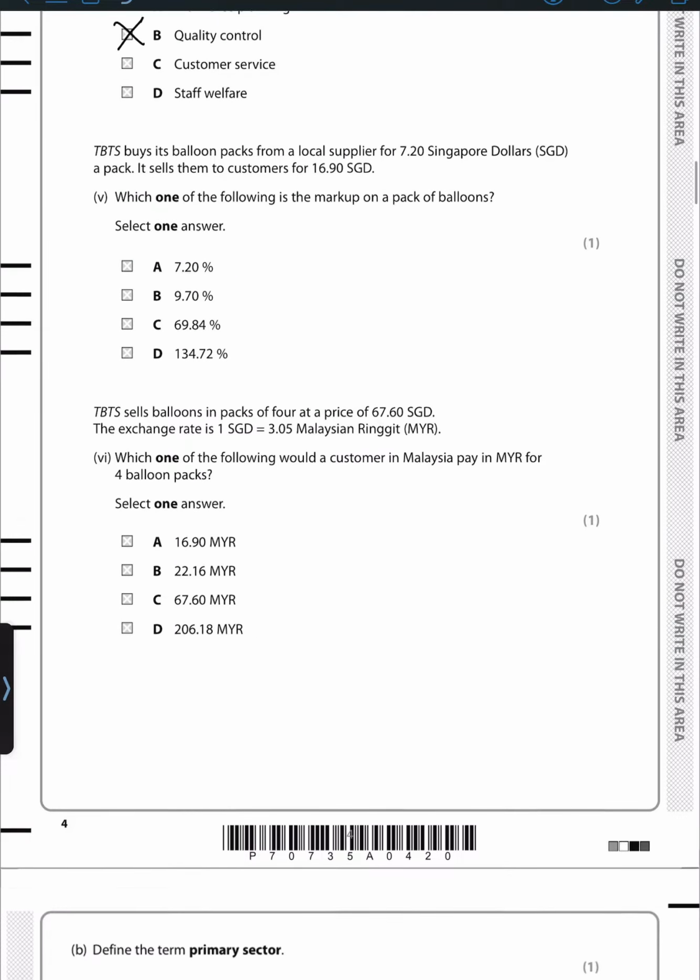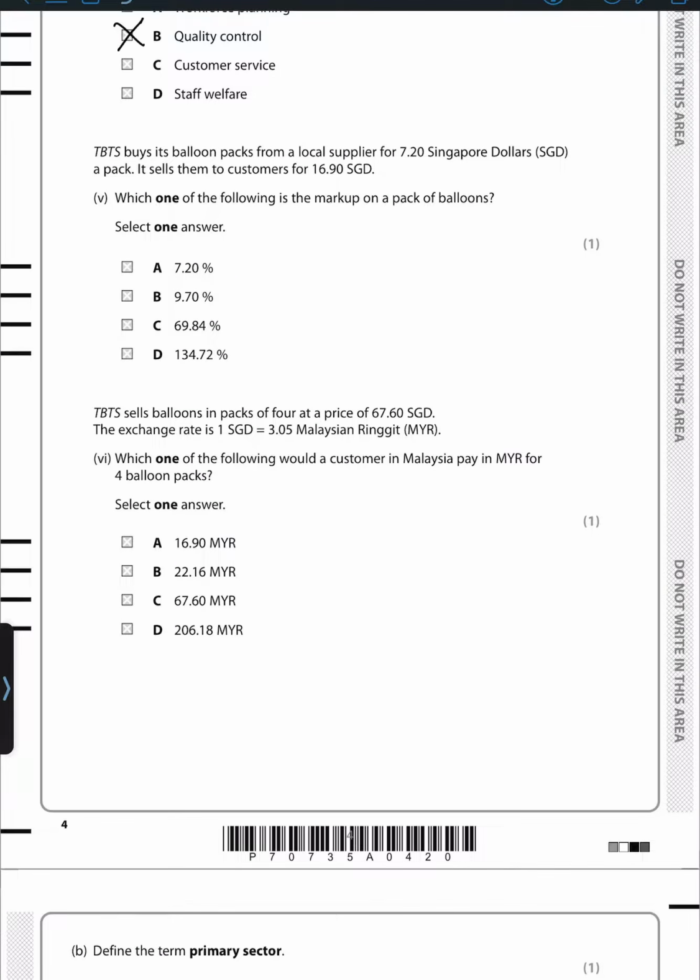Now for part 5, TBTS buys its balloon packs from a local supplier for 7.2 Singapore dollars a pack. It sells them to customers for 16.9 Singapore dollars. Which one of the following is the markup on a pack of balloons? So for this, if we don't really know the formula for markup, we could do trial and elimination. So part A is 7.2%.